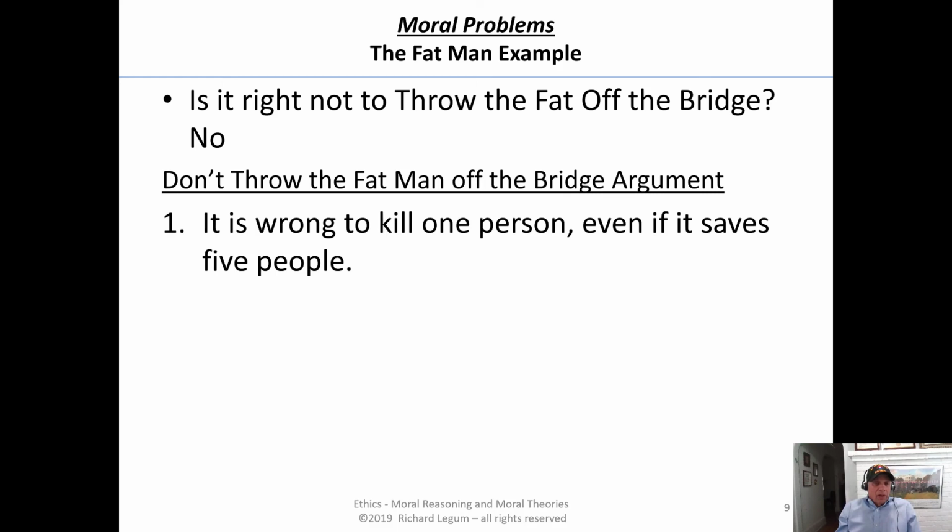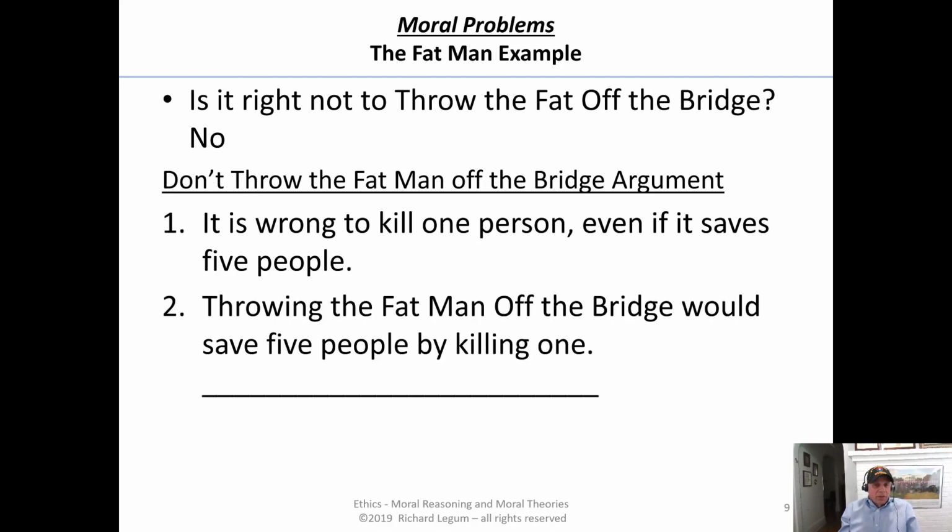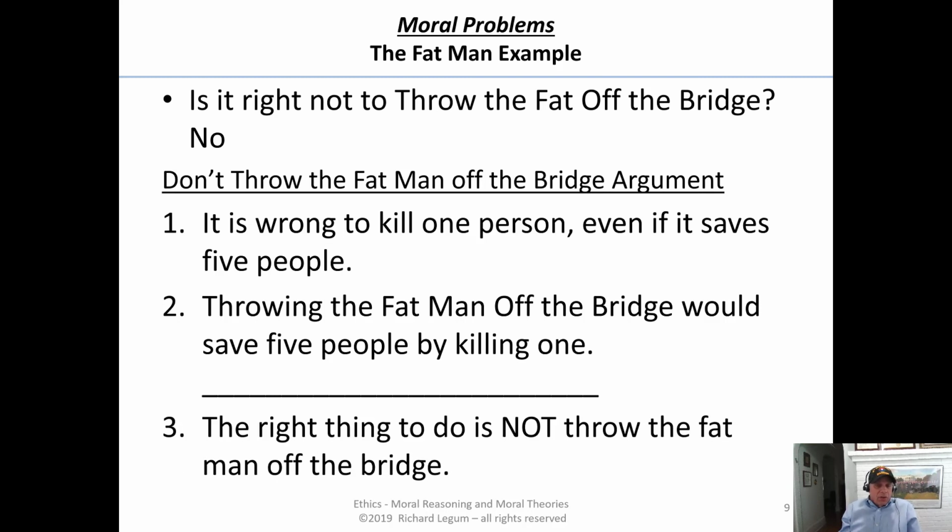The moral premise is it's wrong to kill an innocent person, regardless of whether it saves 5 people or not. Throwing the fat man off the bridge would save 5 people by killing one, and therefore the conclusion of this argument is that the right thing to do is not to throw the fat man off the bridge.